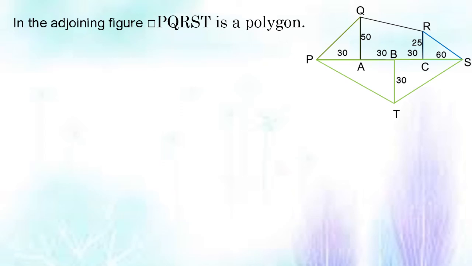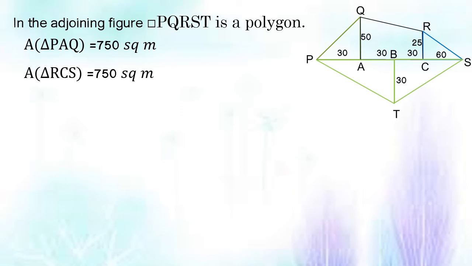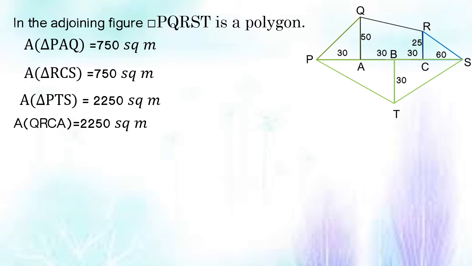Coming to the question, PQRST is a polygon. Area of triangle PAQ we have calculated. Area of triangle RCS is 750. Area of triangle PTS is 2250 square meter, and area of trapezium QRCA is 2250 square meter.